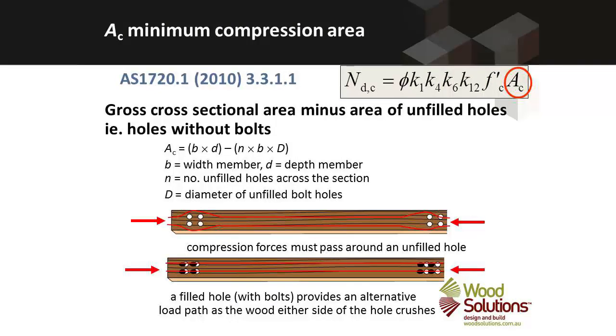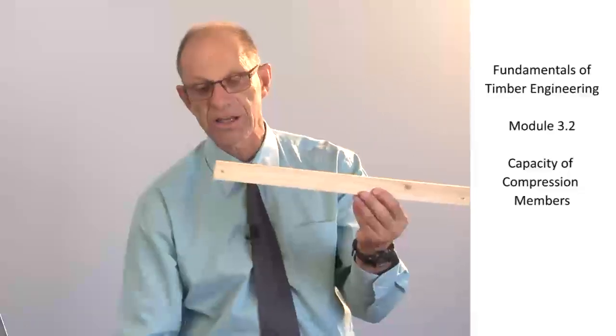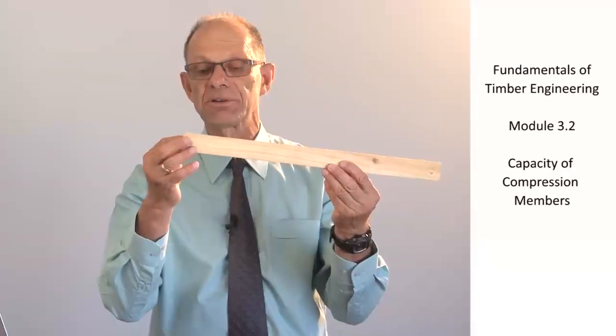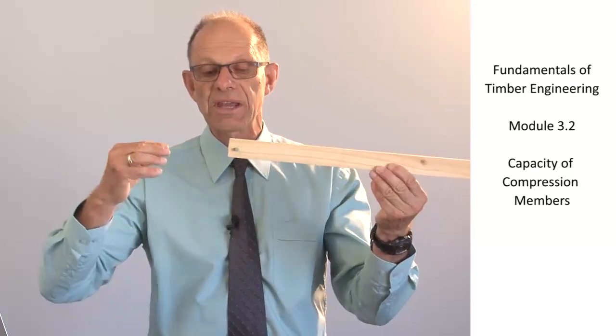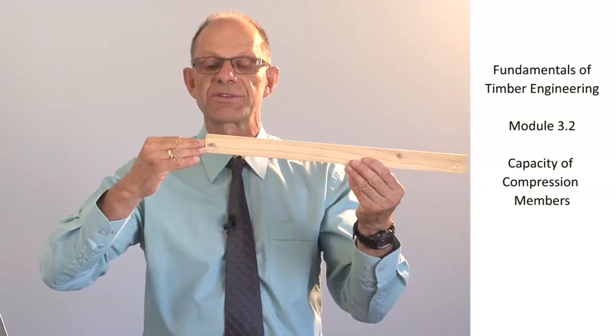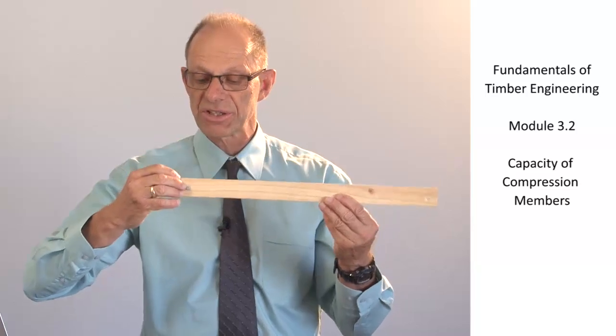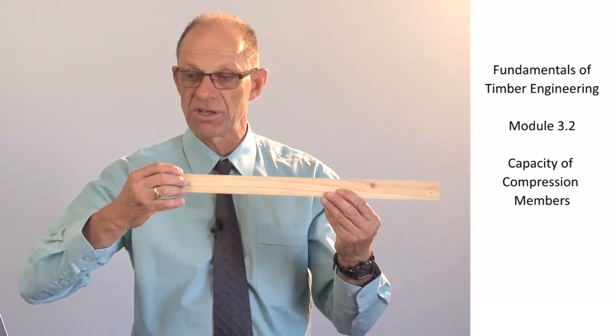The compression area. The area over which the compression failure is deemed to take place is a function of holes in the member. If we have a hole in the member and there is a bolt in that hole, then as compression is applied to the member, the compression can actually pass through the bolt shank.